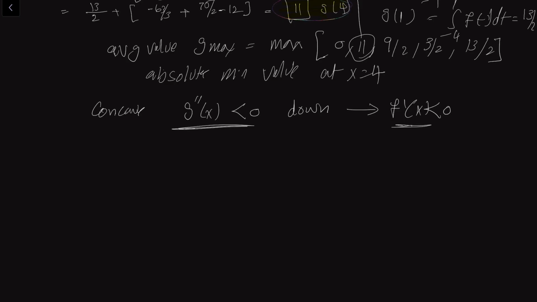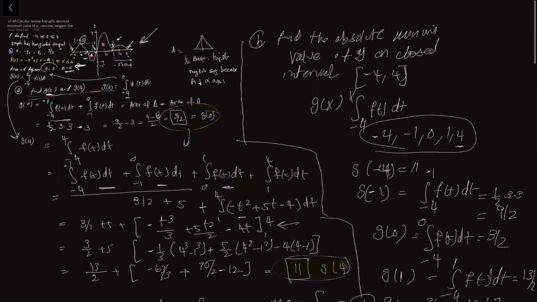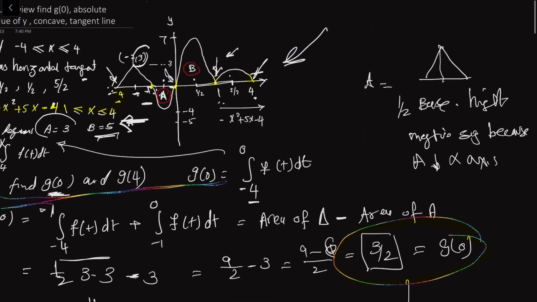Okay, so f prime of x is less than 0 when x, okay, so basically we're looking at the intervals where the slope is negative. If we look here, that's downward, so the slope is negative. Or here downward, slope is negative.